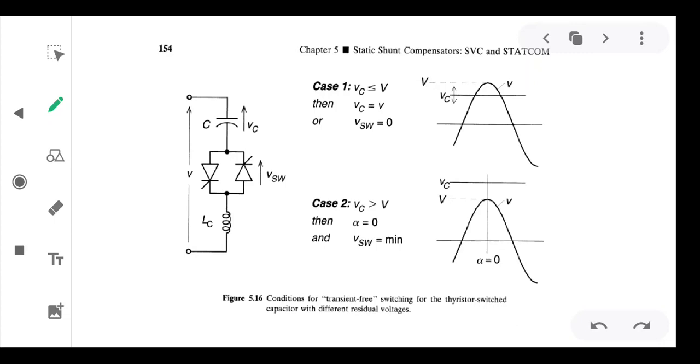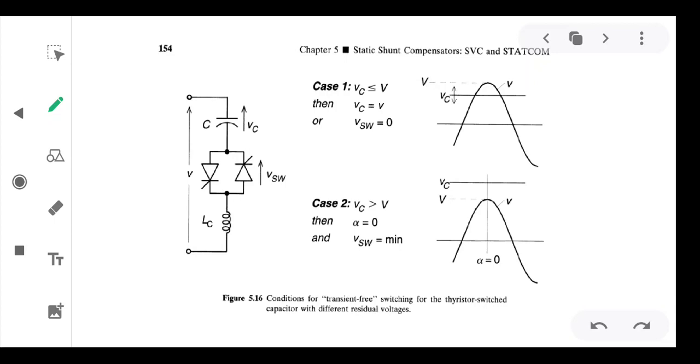Then switch on the TSC at its positive peak value, that is V. Then VC is equal to V. That is, the voltage across the switch is equal to 0. In that case, the transients in the TSC are minimum. When the voltage across the switch is 0, it won't lead to any transients.